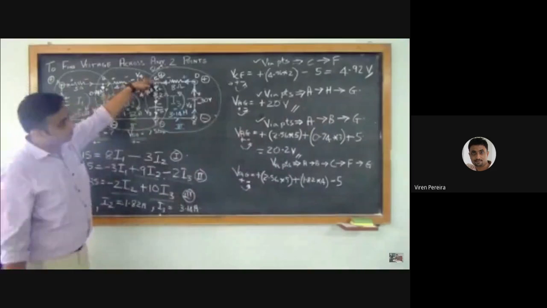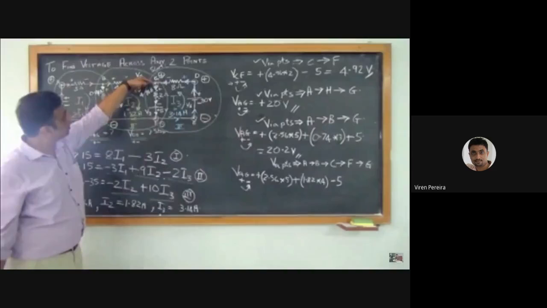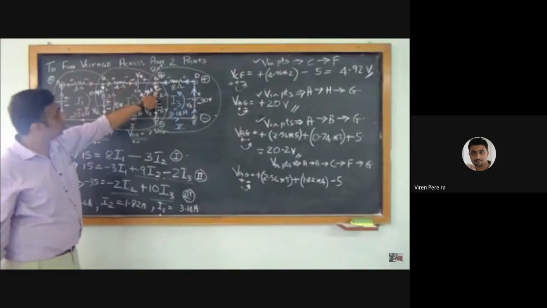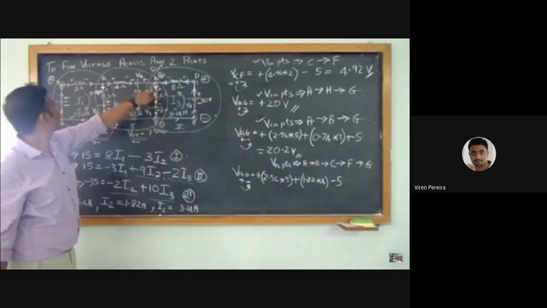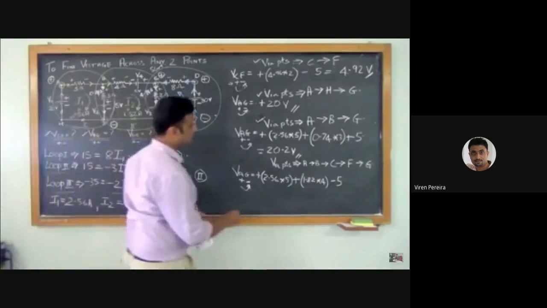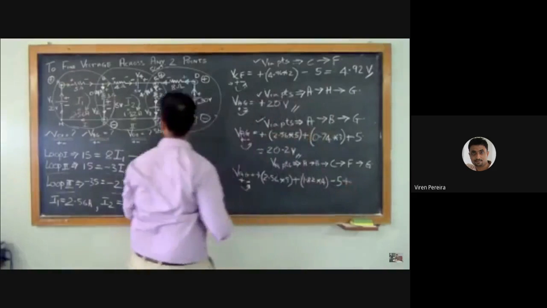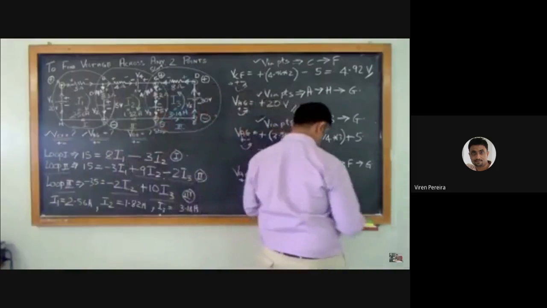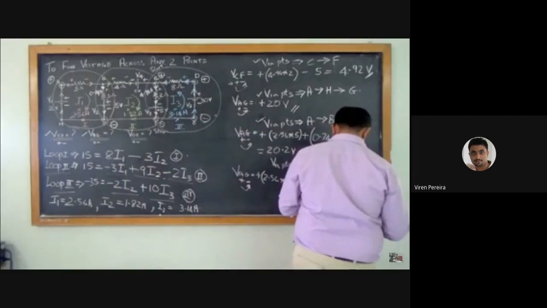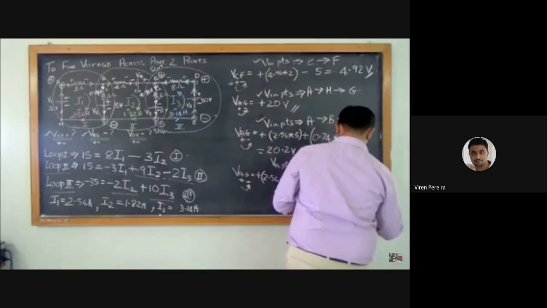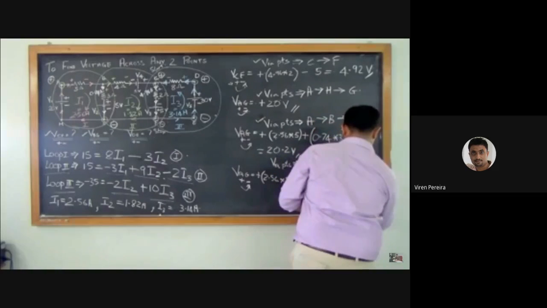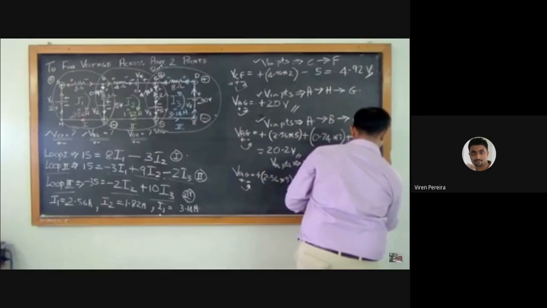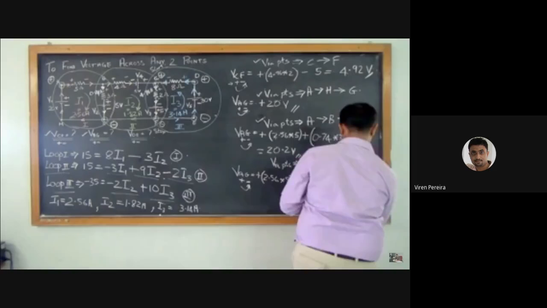Now, from C to F. Now it is moving from C. So the first terminal the current touches, it is a positive terminal here. So positive into positive gives me positive. The current is how much? 4.96 into 2. So I have 4.96 into 2.